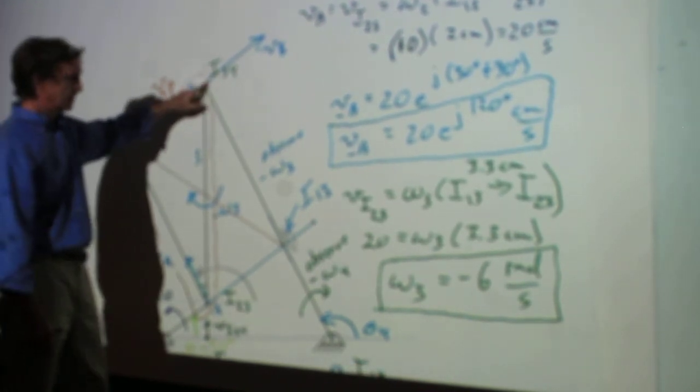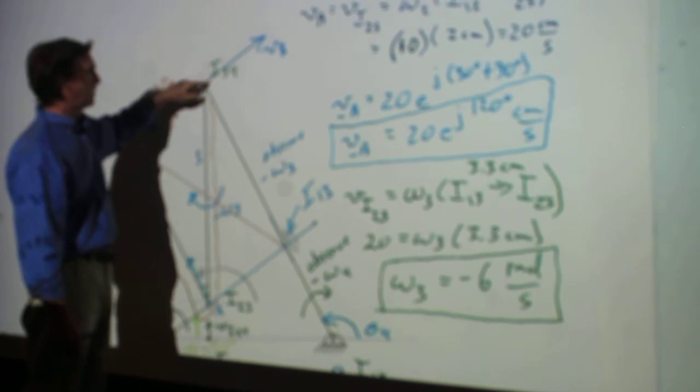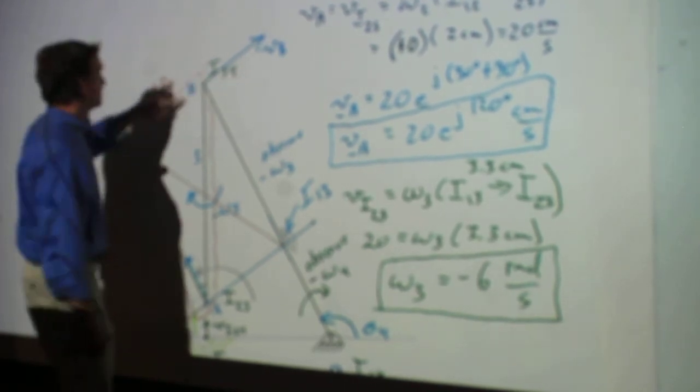So on this here, I take theta 4 and subtract 90 degrees from it in order to get this angle right here. When I measure this angle, it turns out to be about 28 degrees, or 27 degrees.